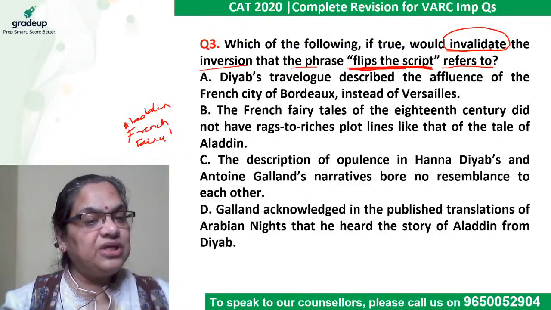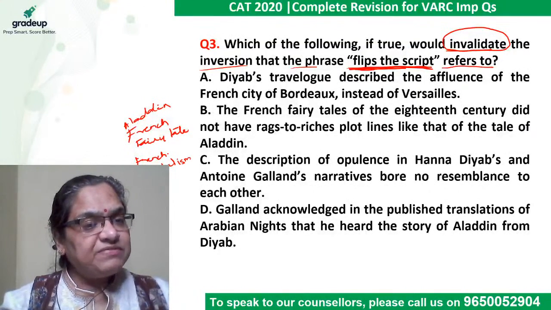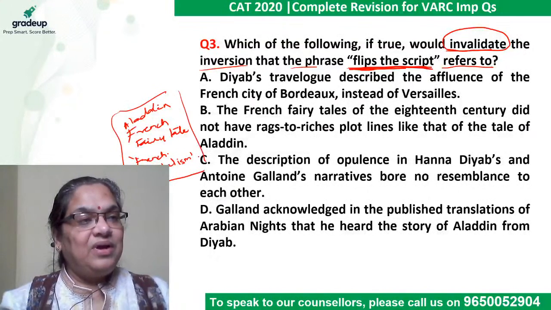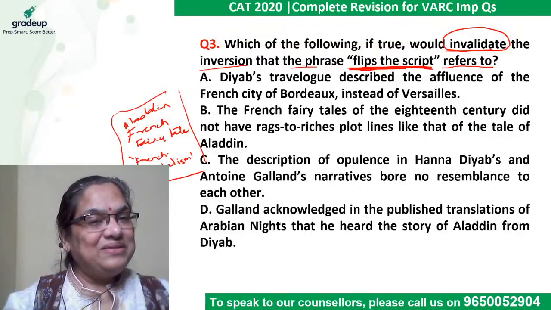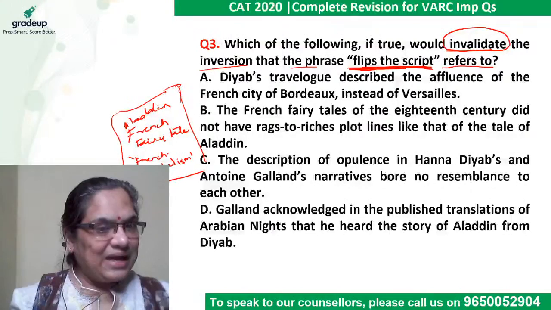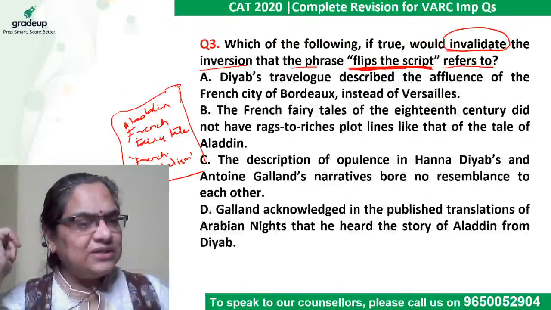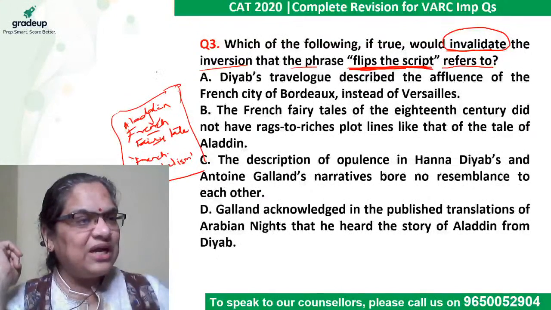This is the original script. Or inspired by French Orientalism. That means French people's fascination for everything Oriental. This is the script. He said, but Hannah Diab's story flips the script because it is not a French fairy tale on which Aladdin is based.